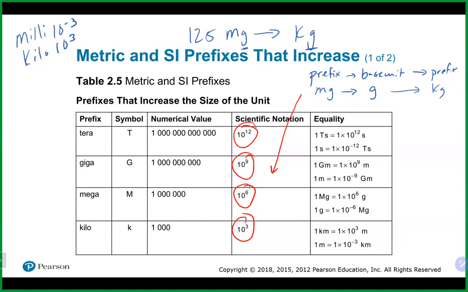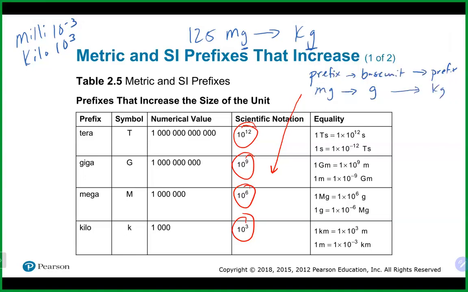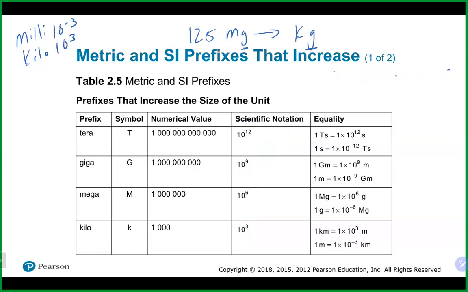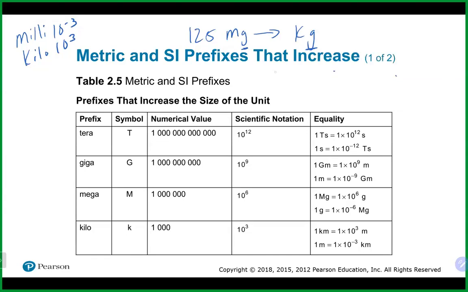So if we were going to do this conversion, we would first start by taking milligrams to grams. Looking at the milli prefix of 10 to the minus 3, what that means is, in one of the prefix, which in this case is 1 milligram, there would be 10 to the minus 3 grams.